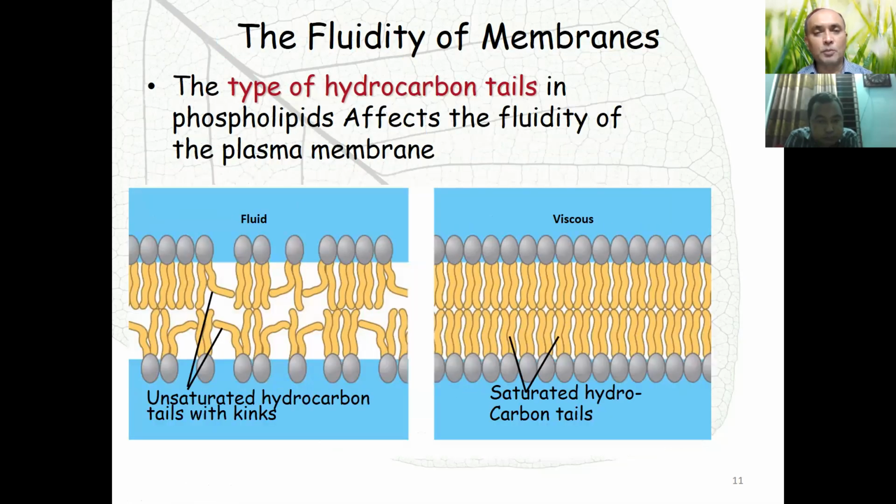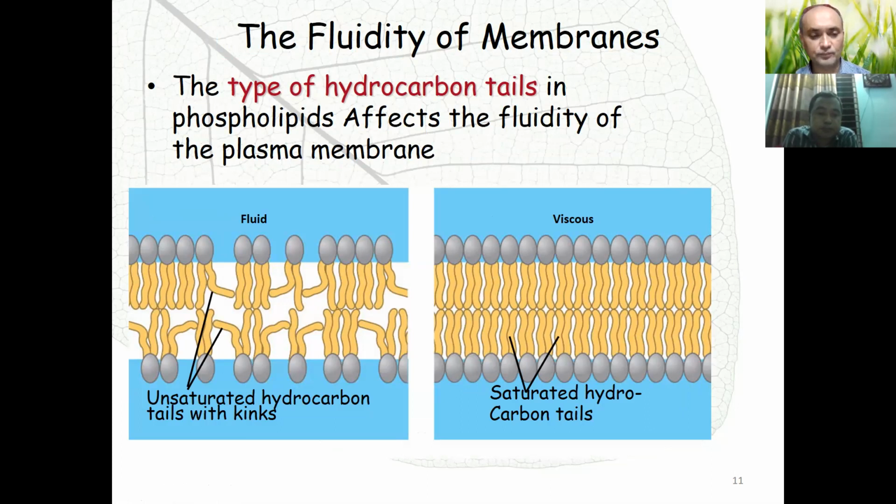If we want more information on the fluidity of membranes, the type of hydrocarbon tails in phospholipids affects the fluidity of the plasma membrane. The hydrophobic hydrocarbon tails contain different hydrocarbons.